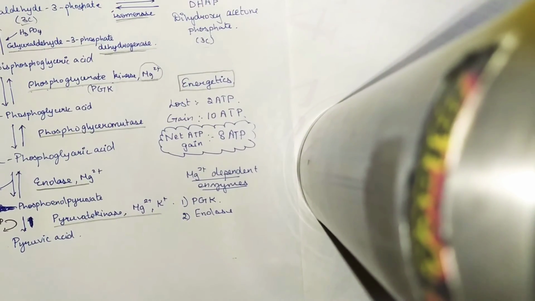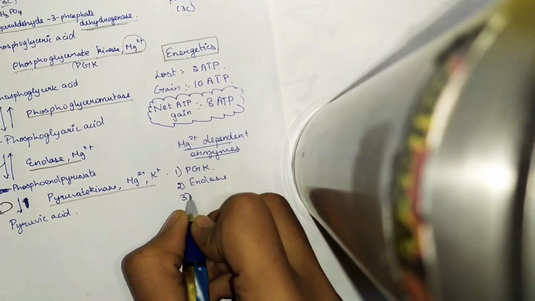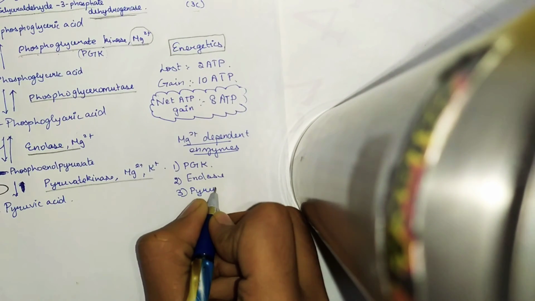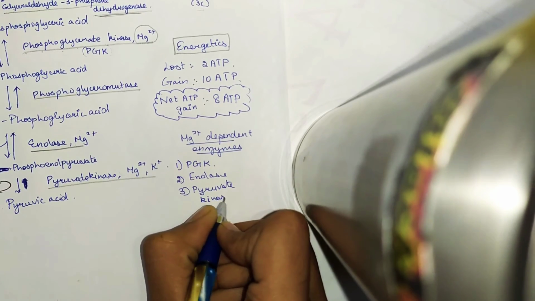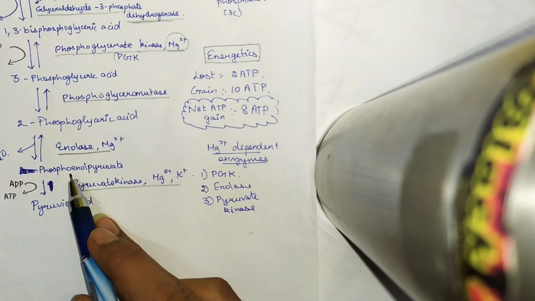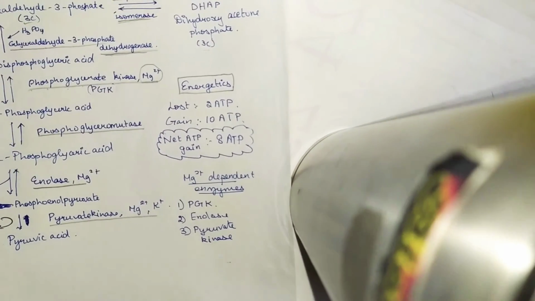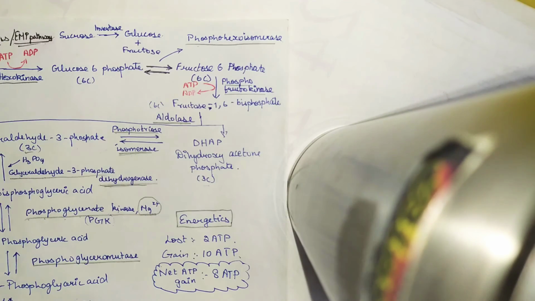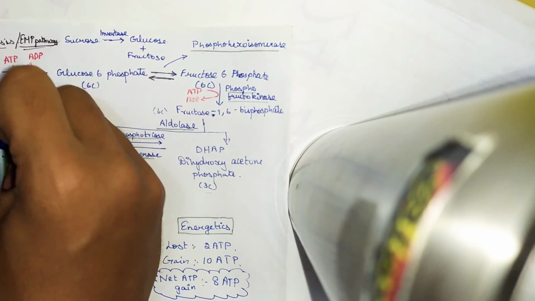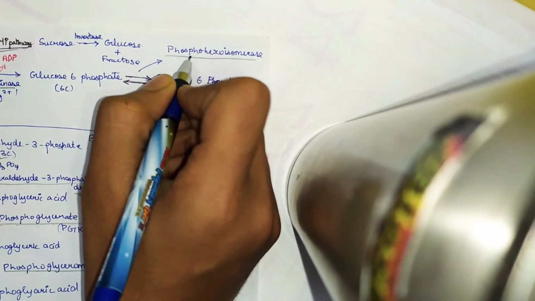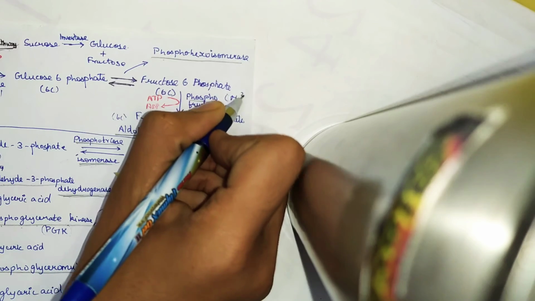And the third one is pyruvate kinase, which is involved in the process of converting phosphoenol pyruvate to pyruvic acid. Okay. And one more thing is that hexokinase is also dependent on Mg2+, and phosphofructokinase is also Mg2+ dependent.